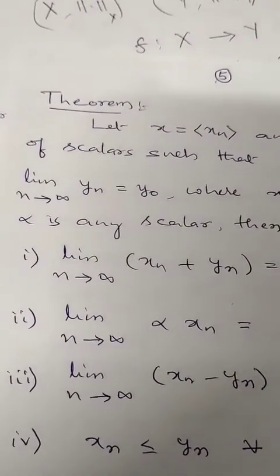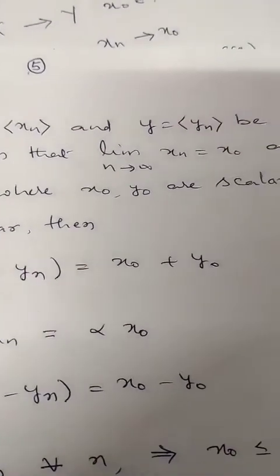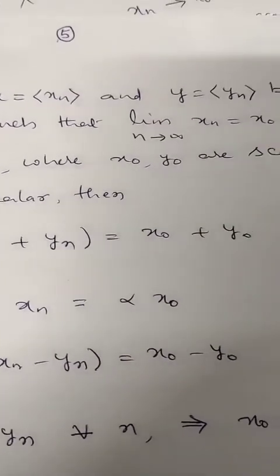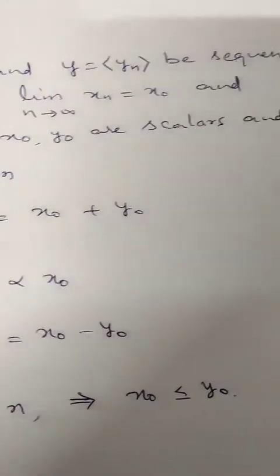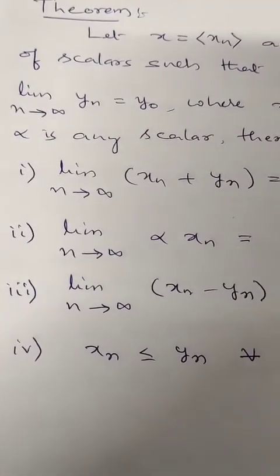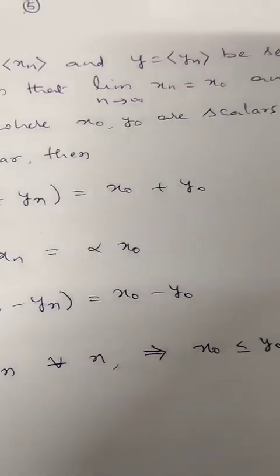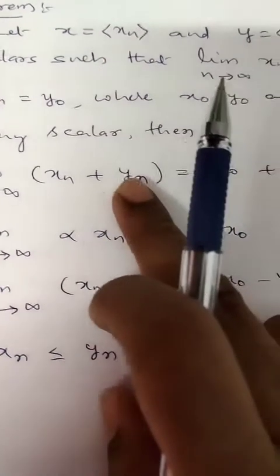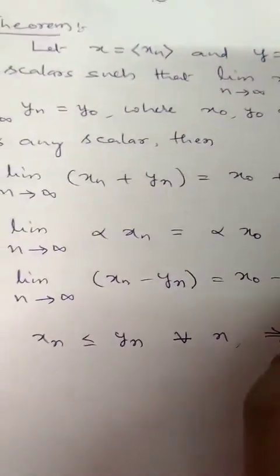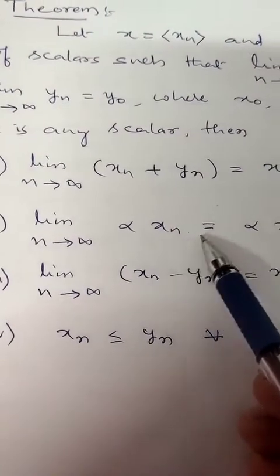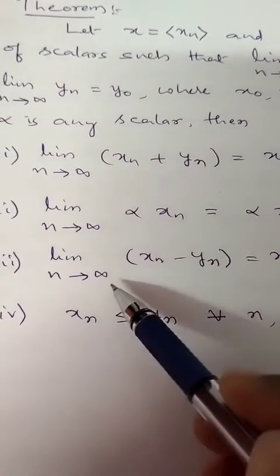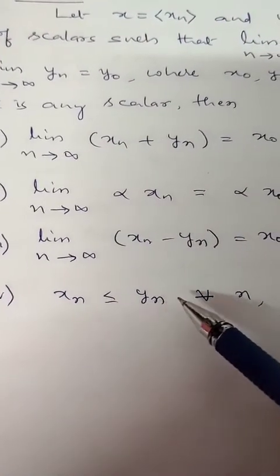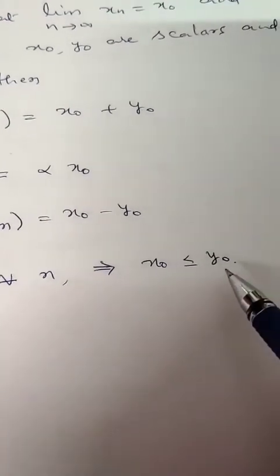It states: if xn and yn are sequences of scalars such that limit n tends to infinity xn is equal to x naught and limit n tends to infinity yn is equal to y naught, where x naught and y naught are scalars, and if alpha is any scalar, then limit of xn plus yn is x naught plus y naught, limit of alpha times xn is alpha times x naught, limit of xn minus yn is x naught minus y naught, and if xn is less than or equal to yn for every n, then x naught is less than or equal to y naught.